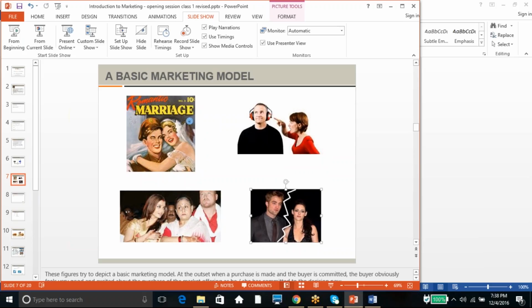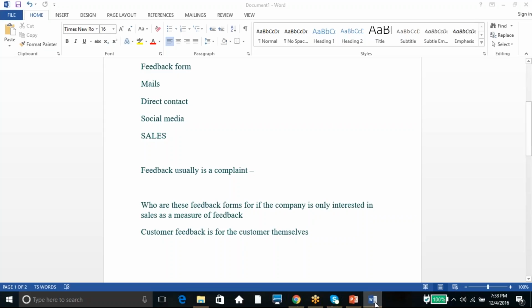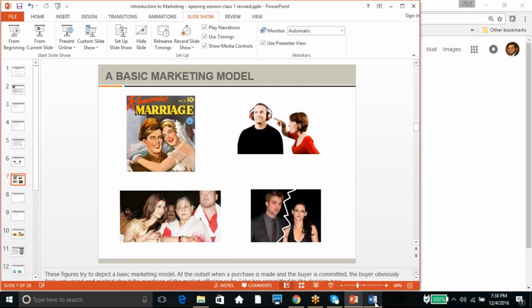What do you think is happening in these 4 pictures? What story are you seeing here? So what story are you being able to see here?